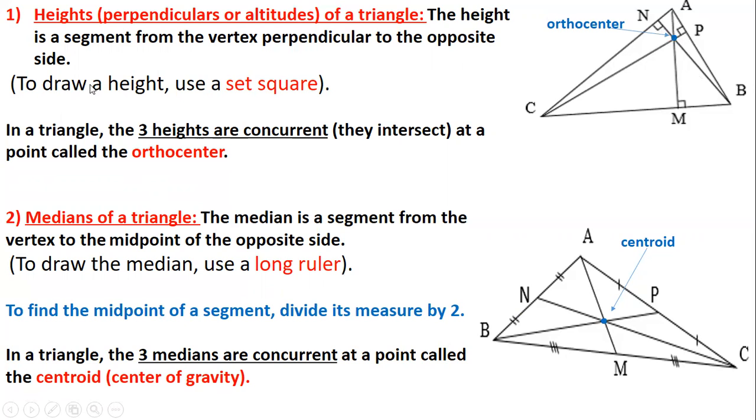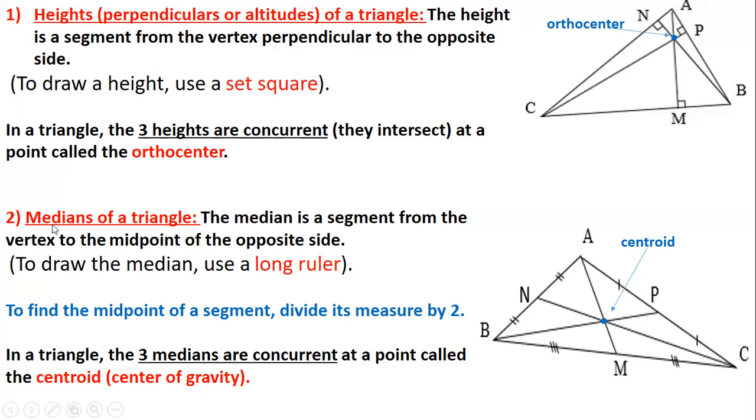So again, to draw a height, we use a set square. In a triangle, the 3 heights are concurrent. Remember this word. Concurrent means they intersect at the same point, and the intersection of the 3 heights, we call it the orthocenter.